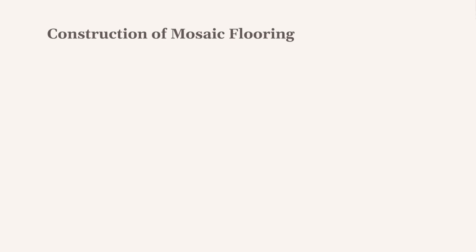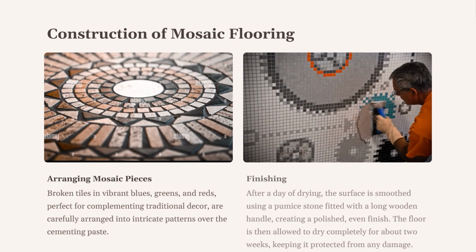Now, arranging the mosaic pieces. The fun begins now. We have got a collection of broken tiles in vibrant blues, greens and reds, perfect for complementing the traditional decor of the Jaipur villa. We carefully arrange these pieces into intricate patterns over the cementing paste.